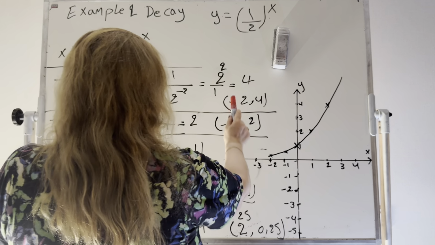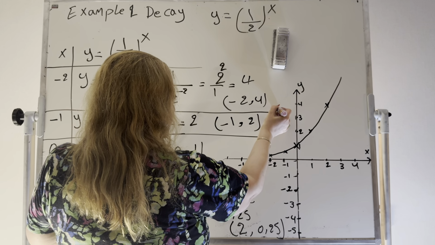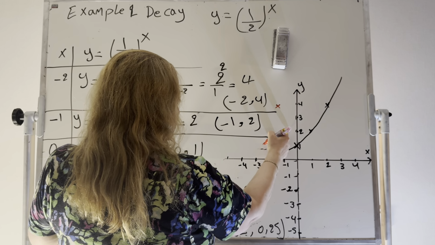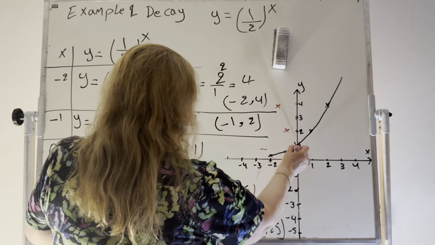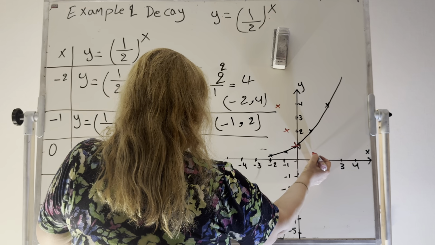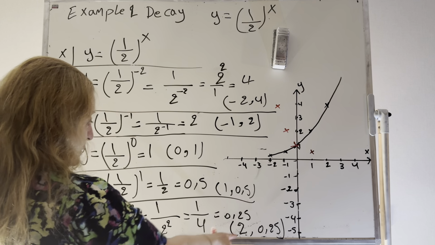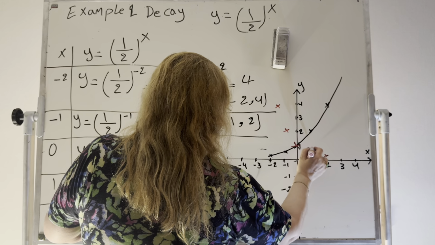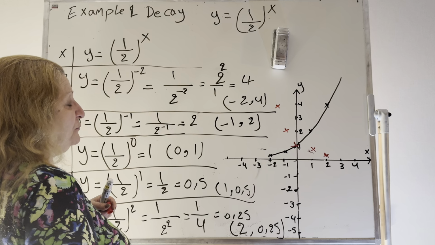First, when x equals -2, y equals 4. When x equals -1, y equals 2. When x equals 0, y equals 1. When x equals 1, y equals 1/2. When x equals 2, y equals 0.25.